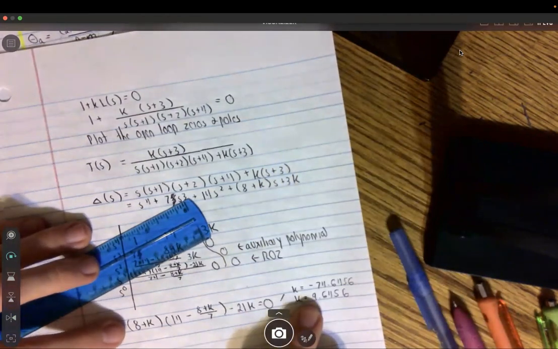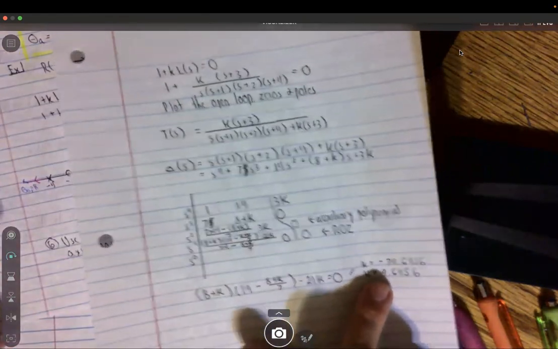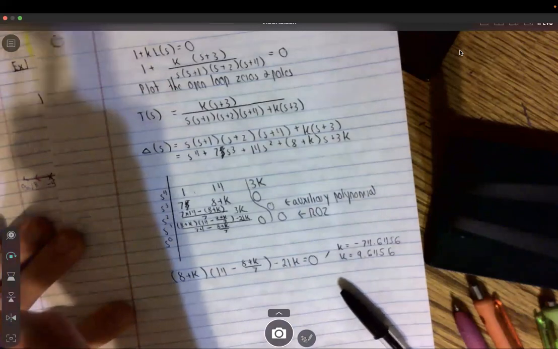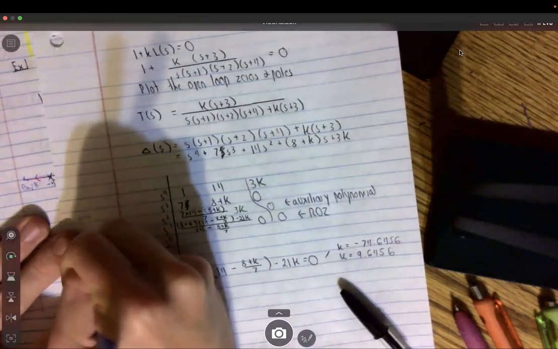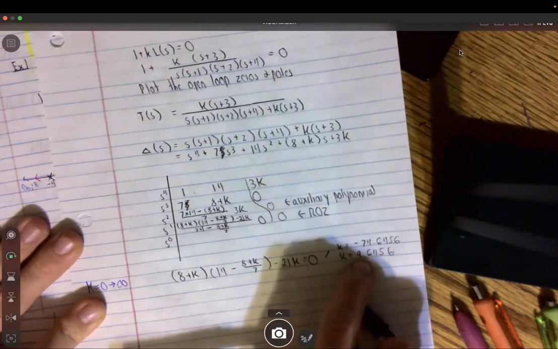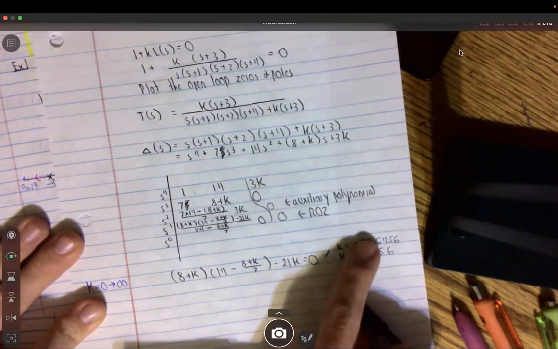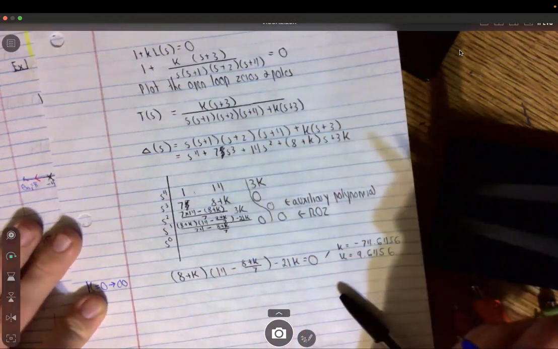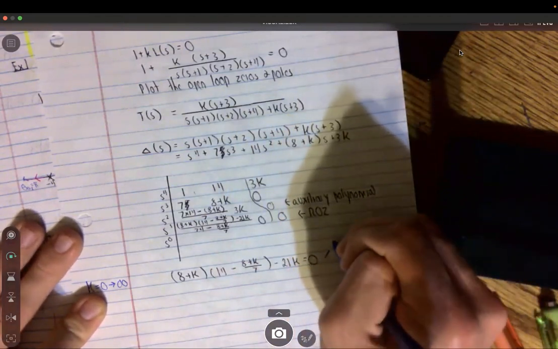The main thing here is, remember, when we do our root locus, we're interested in the direction as K goes from 0 to infinity. Here you'll notice this is the only one in that range. This one's in the negative range, so we are not interested in this K value.